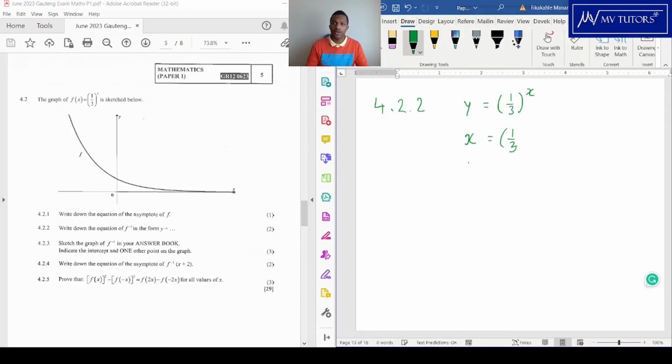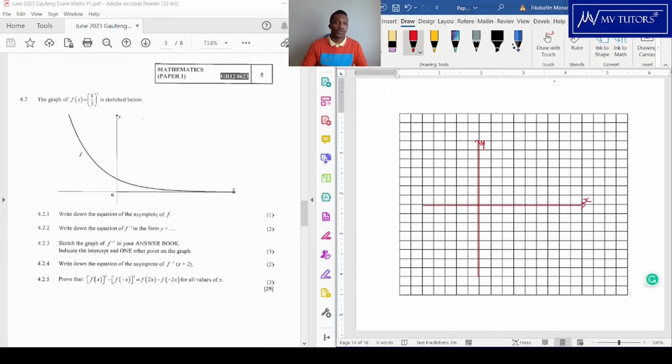Then make y the subject of the formula. The base of the exponent becomes the base of the log. So the 1/3 goes down there, and then the x comes right there. Okay, that's it.